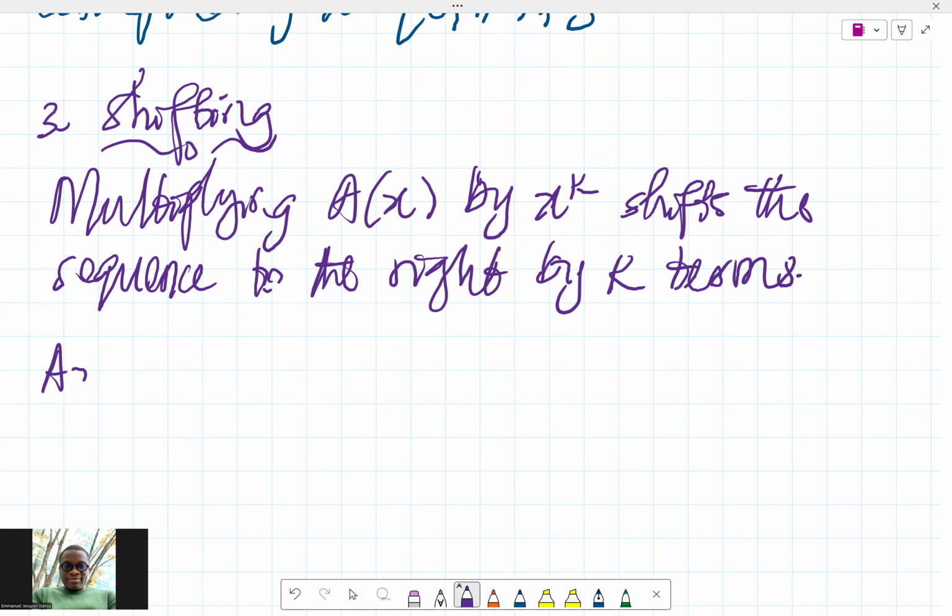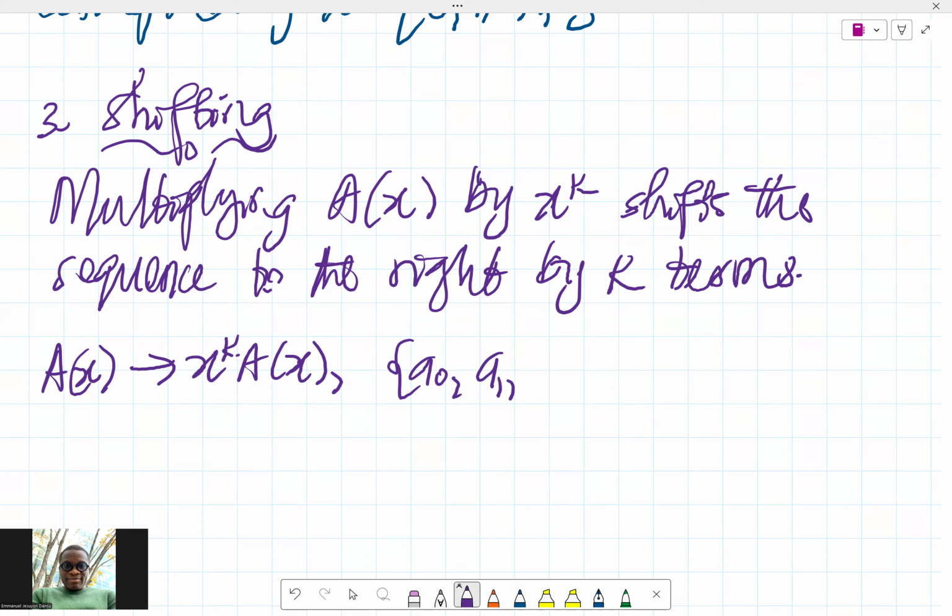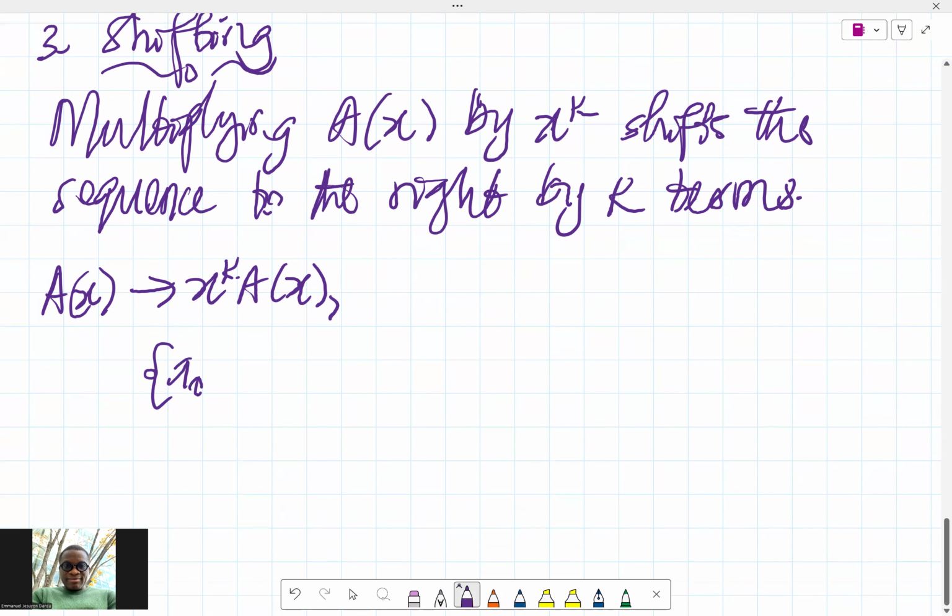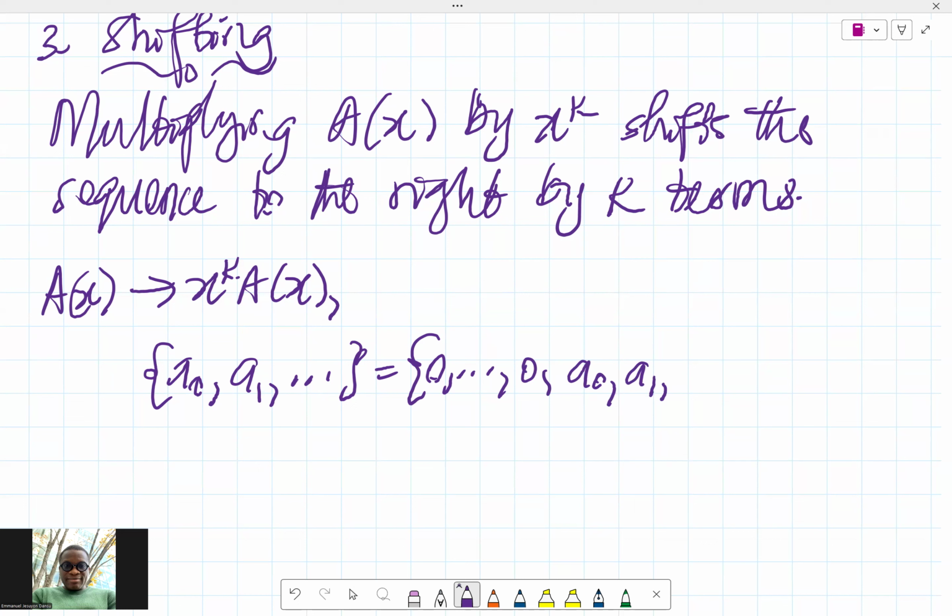So for instance, a(x) moving to x raised to power k times a(x) implies that the sequence a_0, a_1, and so on becomes 0, 0, up to k zeros, and then a_0, a_1, and so on and so forth.